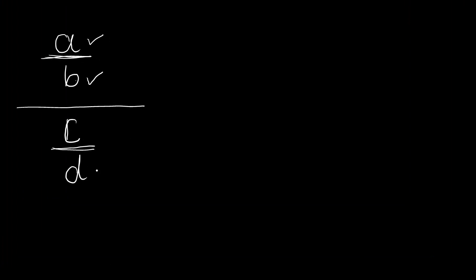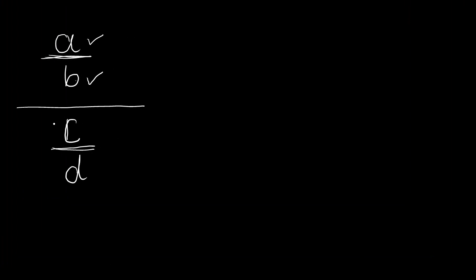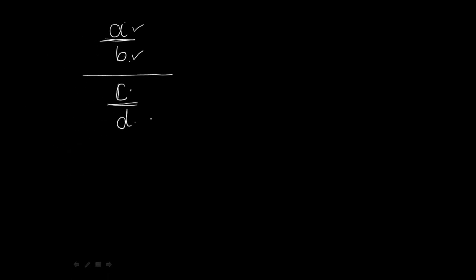Why is it complex? Because it has got 3 numerators and 3 denominators. Let us count them. This is the first numerator, this is the first denominator, this is the second numerator, third numerator, second denominator and third denominator.